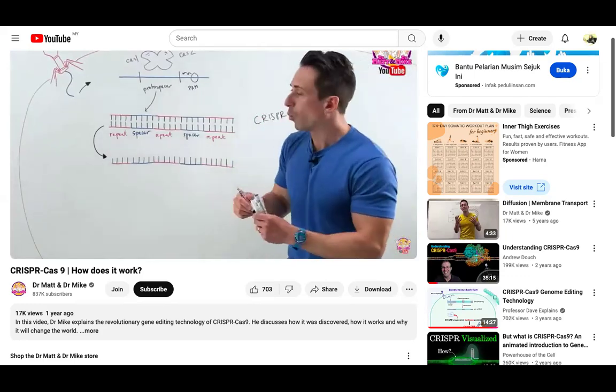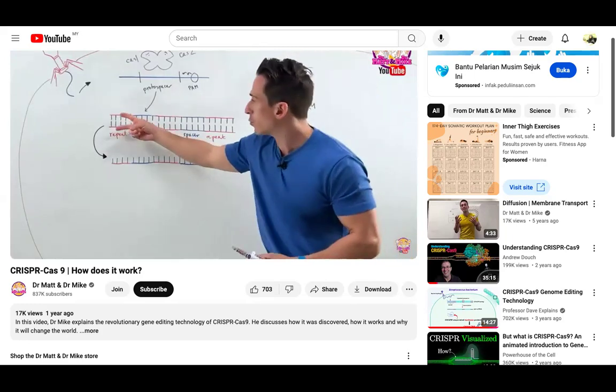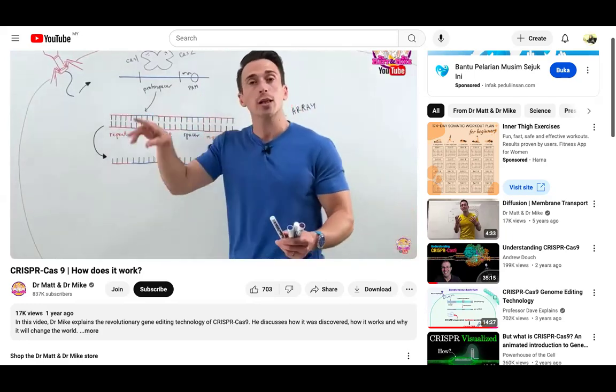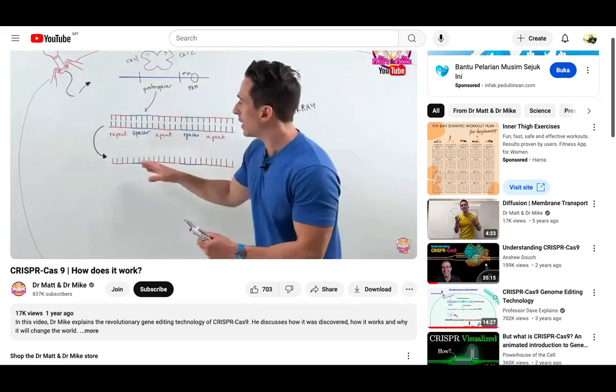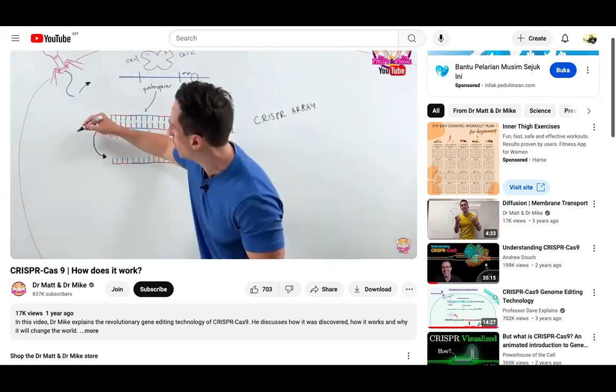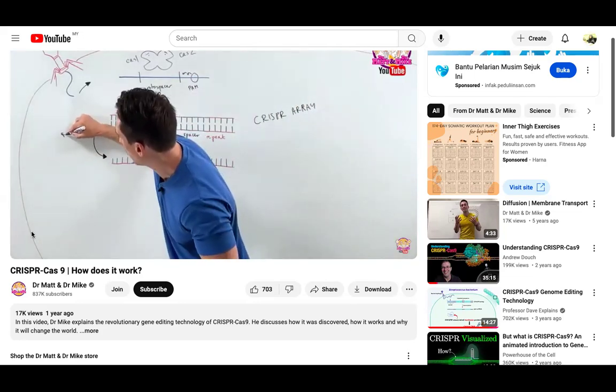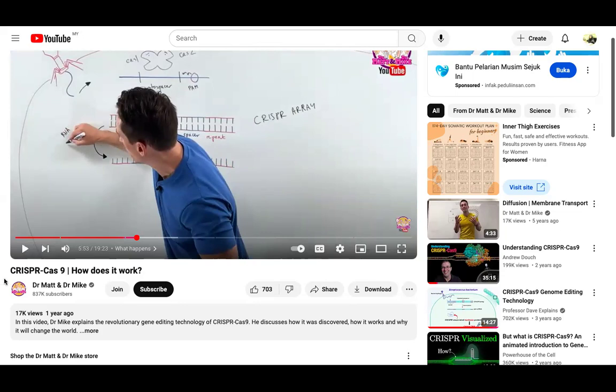So the question is now, what happens? Well, this is double-stranded DNA. Bacteria have circular double-stranded DNA. And what we need is an RNA polymerase to come into action. What is the function of RNA polymerase?